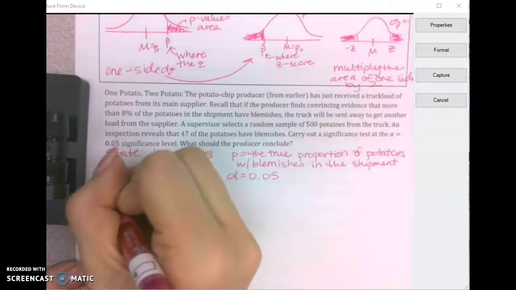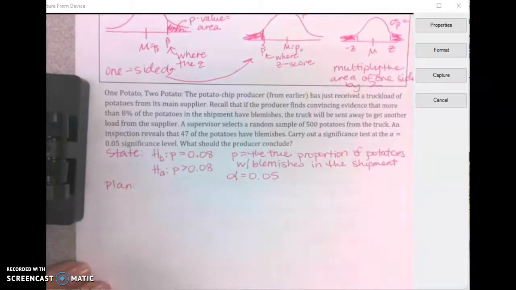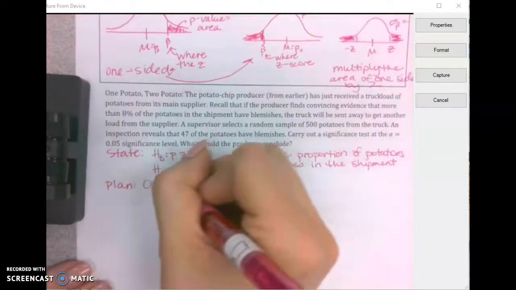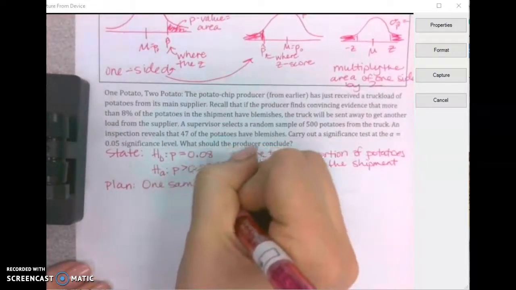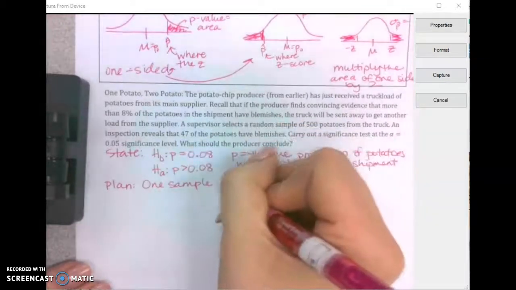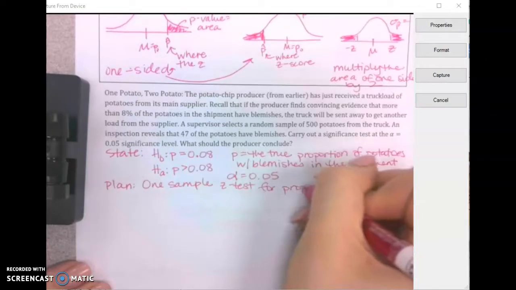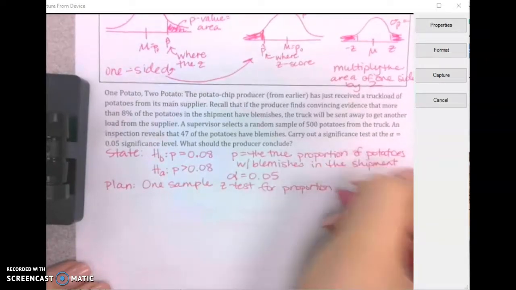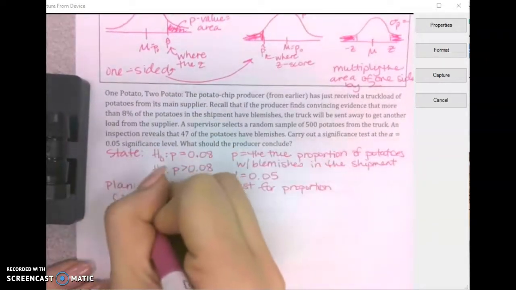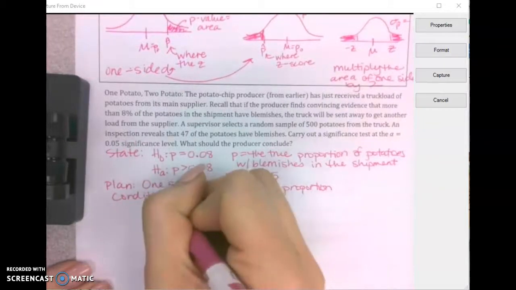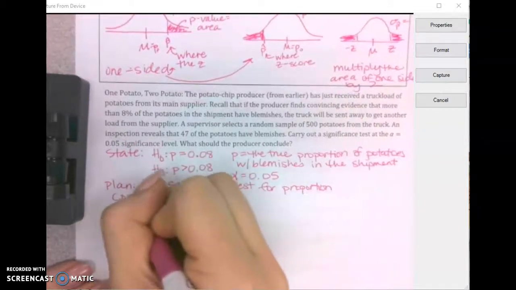So now we need our plan. And the test we're going to use is a one sample z-test for proportion. Now we got to check our conditions. Our first one is random.